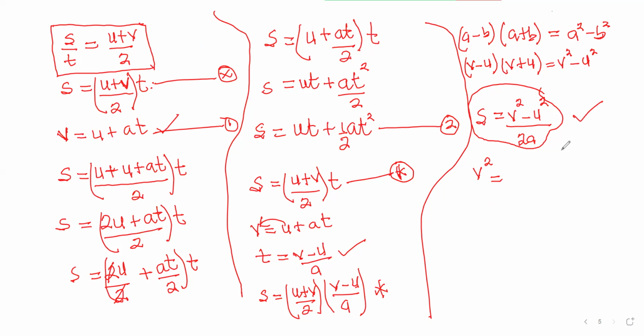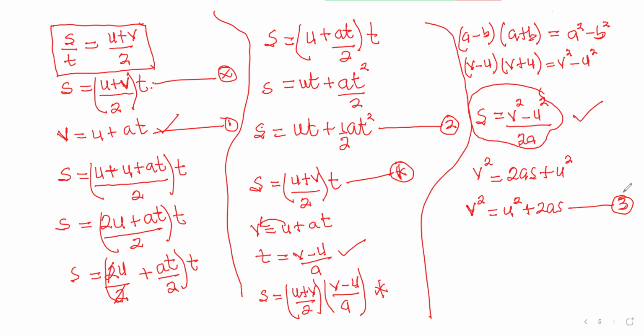Jedidiah: V squared equals 2AS plus U squared. Or when you rearrange it, V squared is equal to U squared plus 2aS. This, class, is the third equation of motion, and we are done.